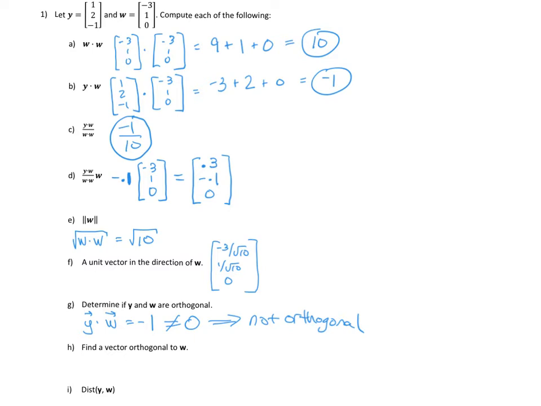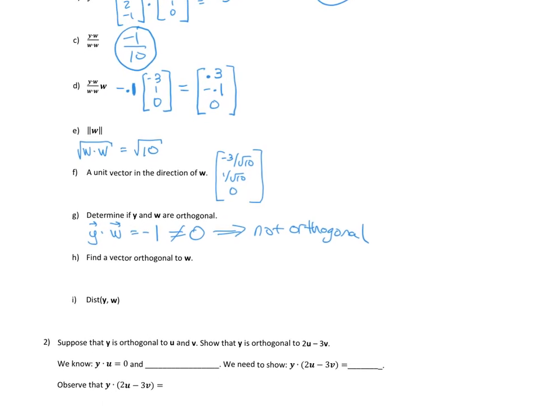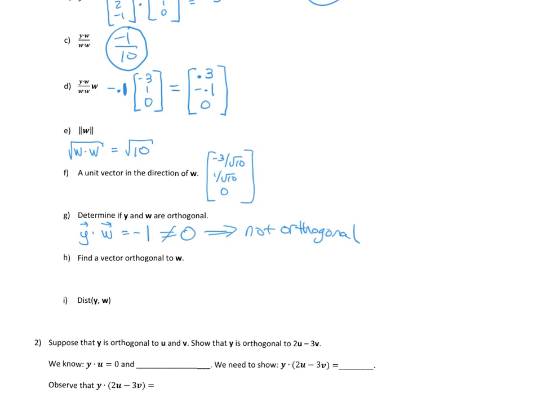Find a vector orthogonal to W. So W is -3, 1, 0. So I'm looking for a vector that I can dot it with, -3, 1, 0, dotted with some other vector that would give me 0 as the scalar.